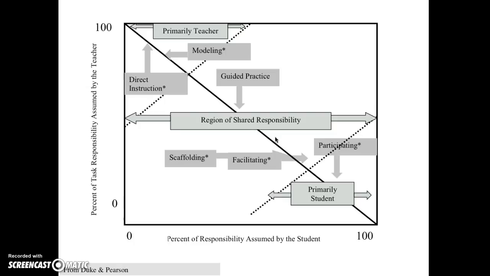So it's starting to look relatively familiar. And you can see some of the pieces in here, the terms should sound somewhat familiar to you. This idea about direct instruction, about modeling, scaffolding, guided practice, participating, right? We can imagine in that bottom right-hand corner, students are doing something independently, collaboratively as well. And so this is starting to look like the gradual release of responsibility model, right?